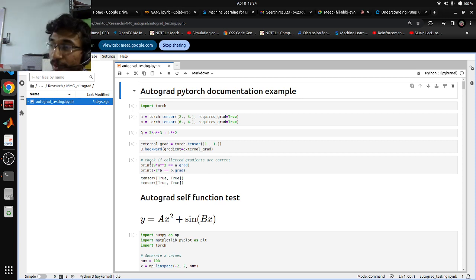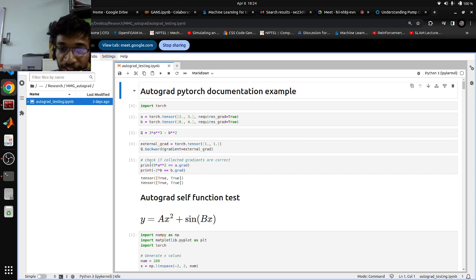Most of our scientific applications can be written in the form of a differential equation, right? So what such tools allow you to do is, various parameters are present in your differential equation, and you want to take the derivatives of the outputs with respect to the parameters that are present in your model.